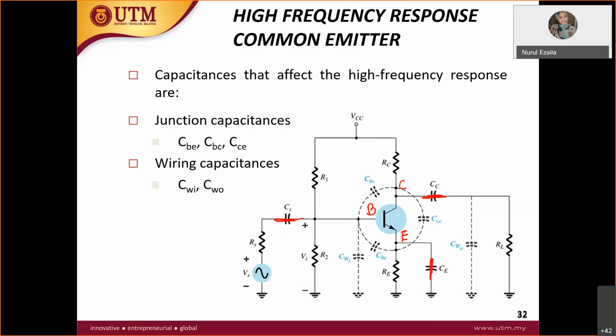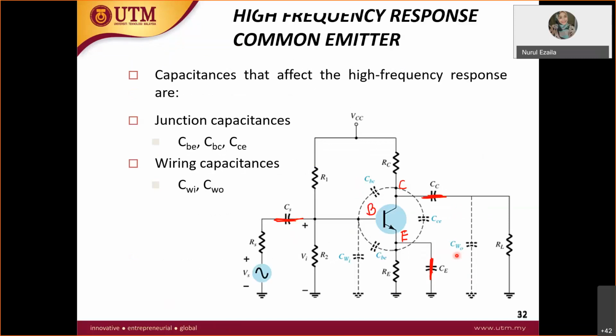Also, we have to include another capacitance, which is the wiring capacitance: CW in at the input part, and CW out, the wiring capacitance at the output part. So you have to include all the capacitors. In this case, for high frequency, you're going to have 5 frequencies: 1, 2, 3, 4, 5.